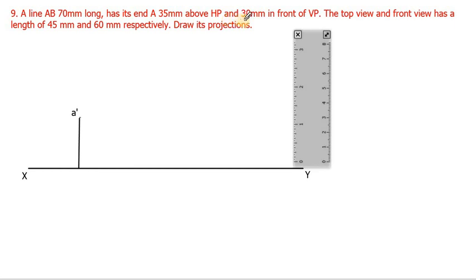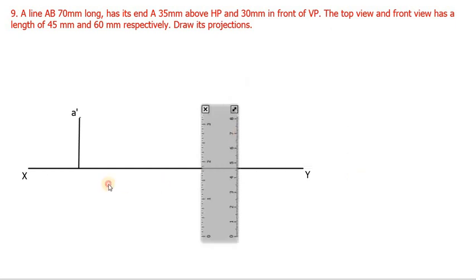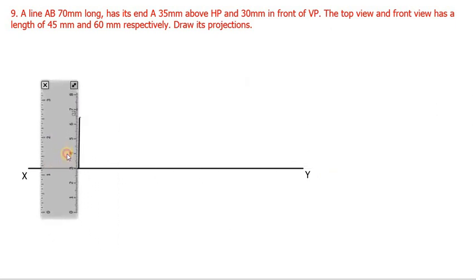Similarly, the same point A is 30 mm in front of VP. So since it is in front of VP, it should come below XY line. So keeping the scale on the same straight line, I have marked 30 mm below XY, that is in front of VP, the same point A. So mark 30 mm point.